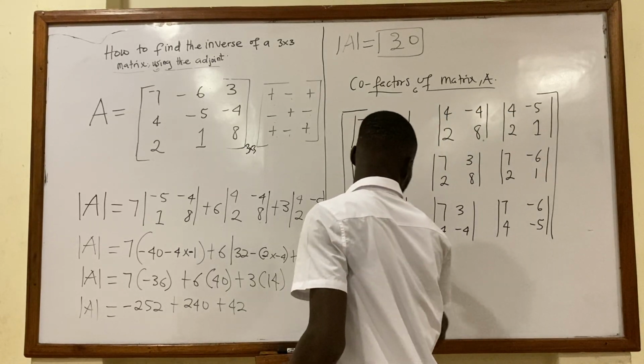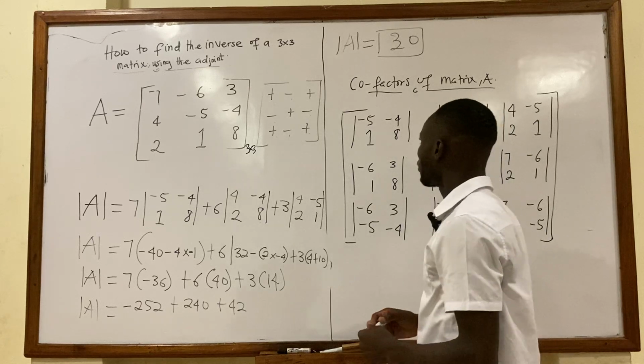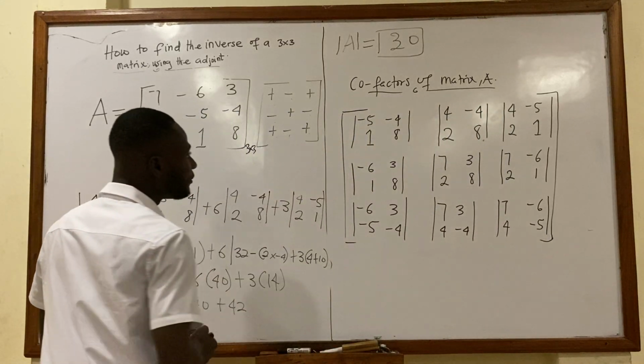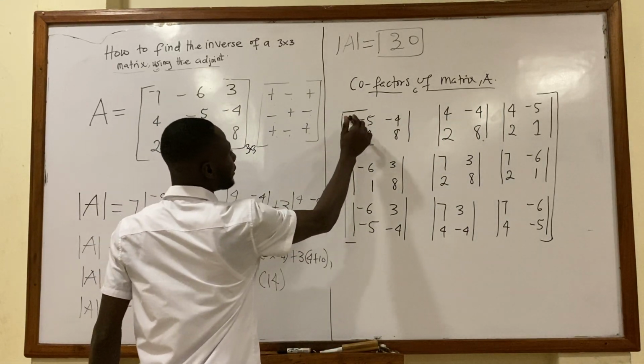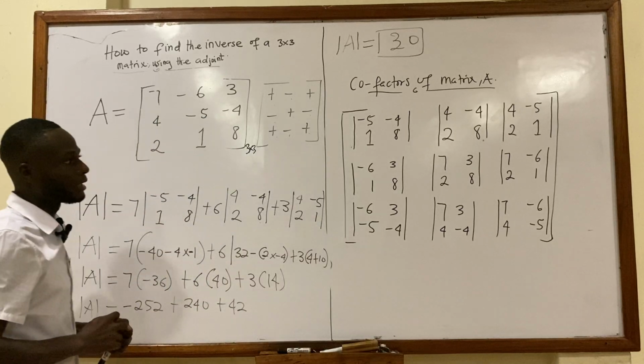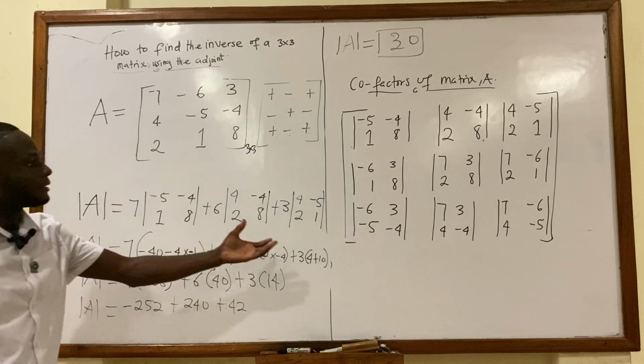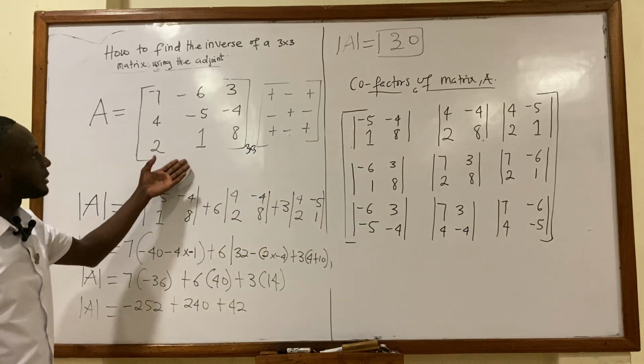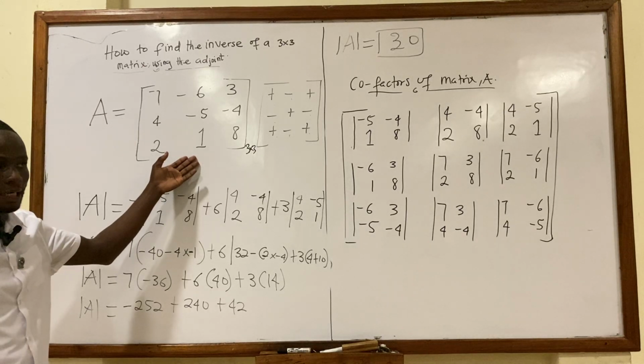So this is the cofactor obtained from this 3 by 3 matrix, all right?